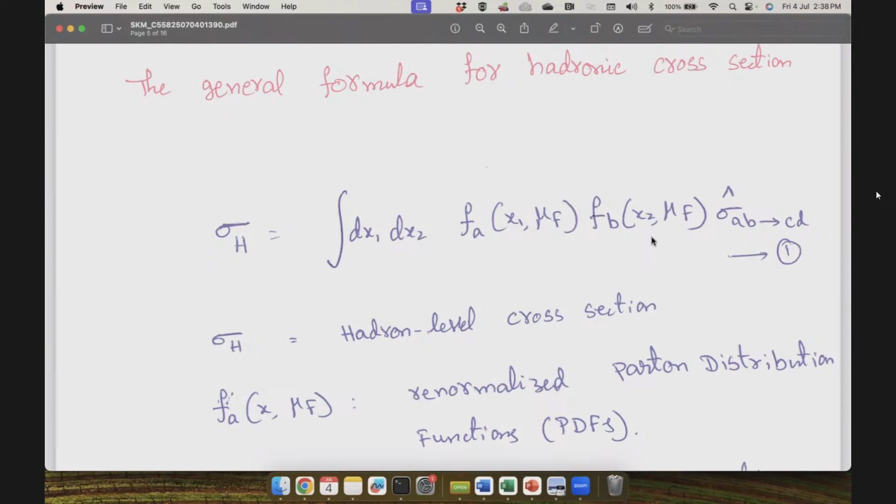So when two hadrons h1 and h2 are colliding, what is the probability of observing a certain final state? In this particular case, CD is the final state. That prediction for the scattering cross section can be obtained from the parton level cross section by convoluting with the relevant parton distribution functions.